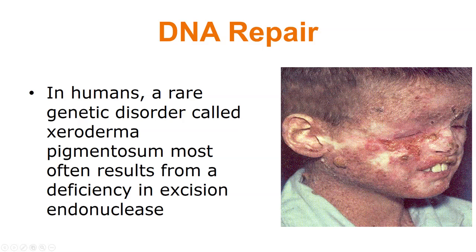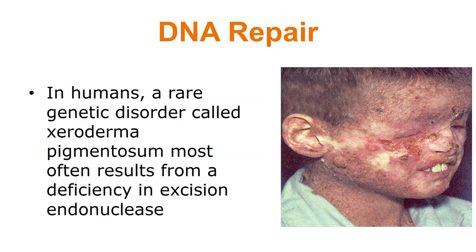Okay, so people with xeroderma pigmentosum can't repair these thymine dimers, so they have to avoid UV light. And they're very, very, as you can see, prone to these skin tumors, which will eventually result in cancers, which will eventually kill them. But this would happen to you too if you weren't able to repair it.